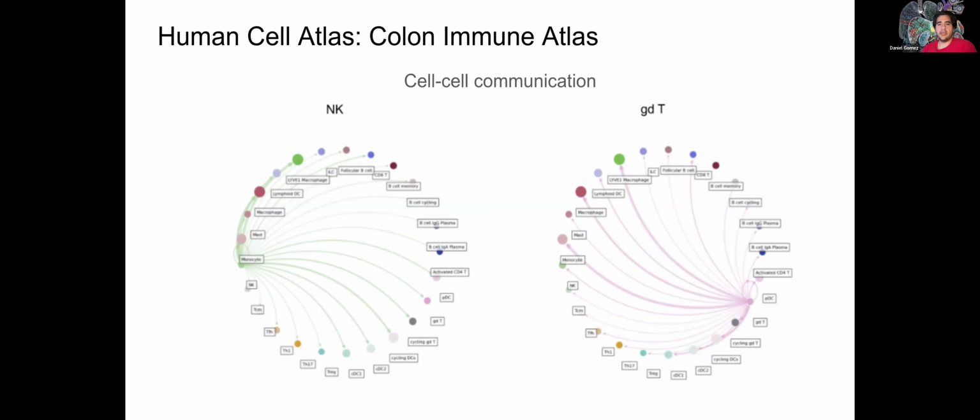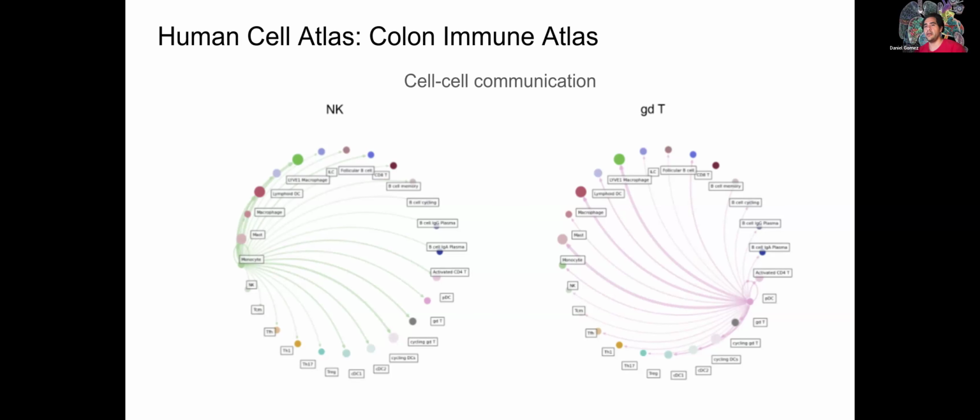So the NK cells, we can see mast cells, macrophages, lymphoid, LYVE1 macrophage, and ILC, follicular B cells and CD8 T cells, and then PDCs, which are plasmacytoid dendritic cells, and then also GDT, which is a gamma delta T cell. And then we have CDC1, CDC2, which are conventional dendritic cells.